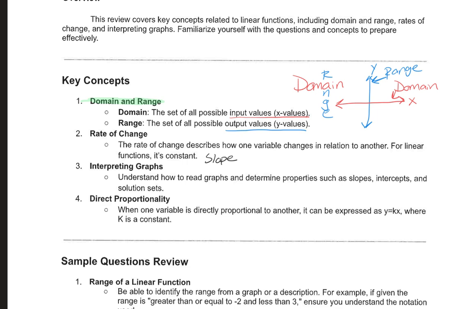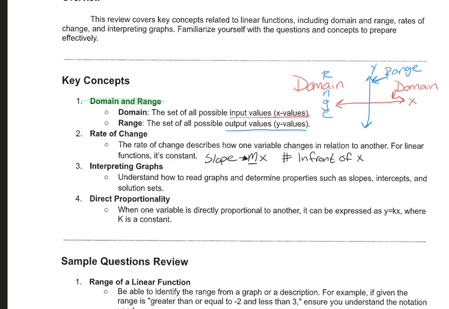Okay, and remember, if I have something like mx, where m is the number in front of my x, the slope is going to be that value that is in front of the x. Okay, so let's say number in front of the x. Okay, so if I have an equation and I'm looking at it and it says what's the rate of change, they are talking about the slope.